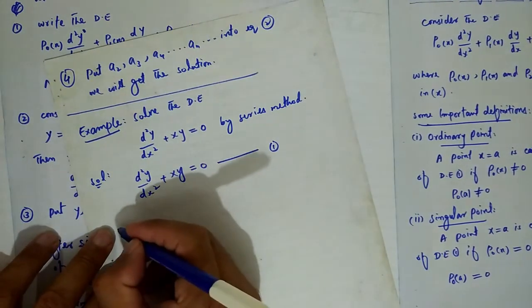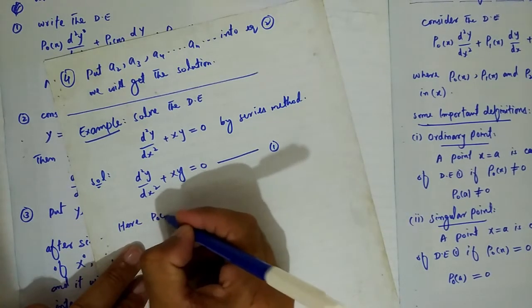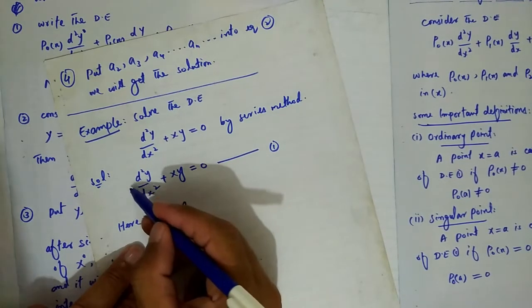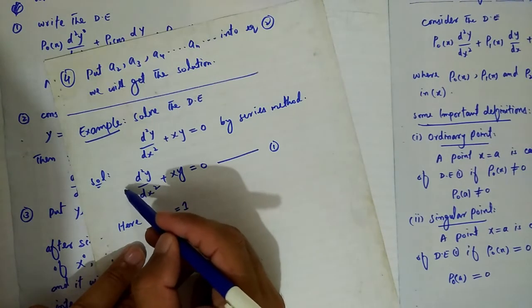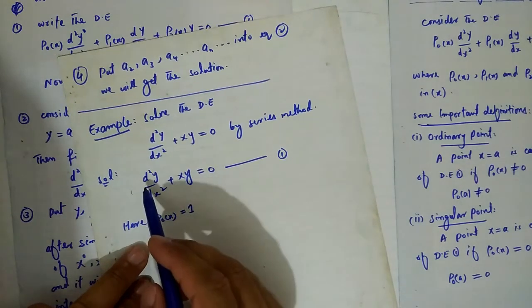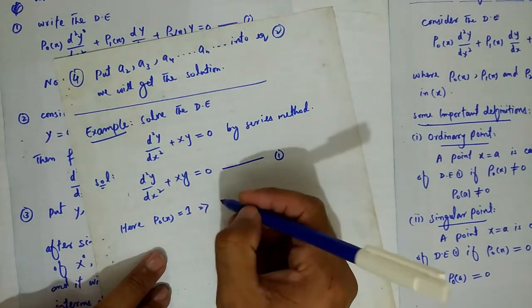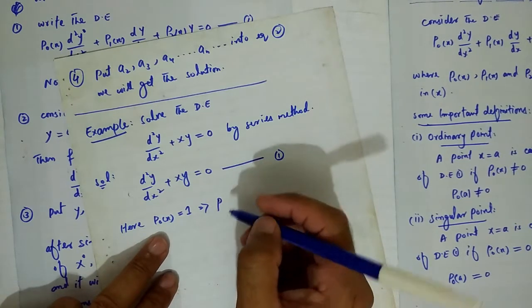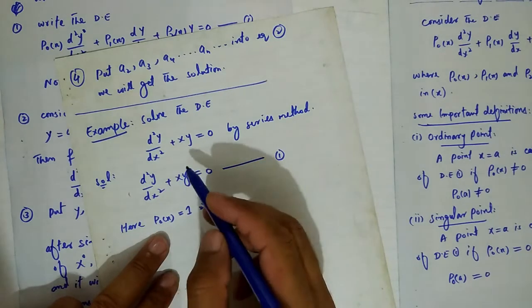Here p0 of x is equal to 1. Here you see the coefficients are polynomials, here it is 1. So p0 of x here is 1. So this implies that when we put x equals 0 here, it doesn't vanish.